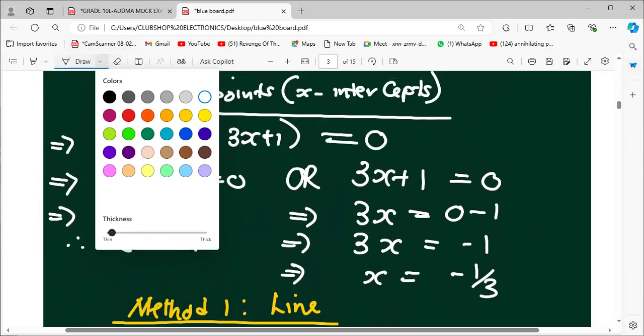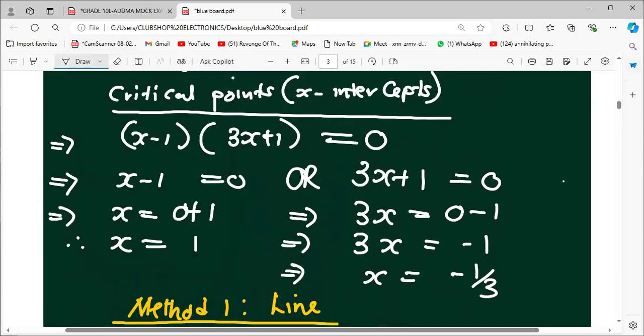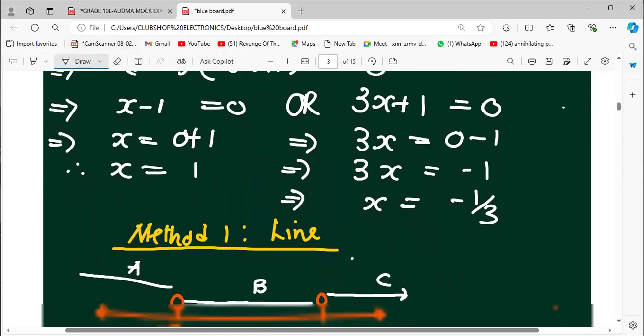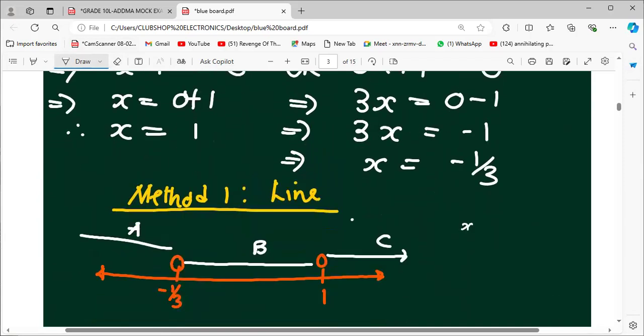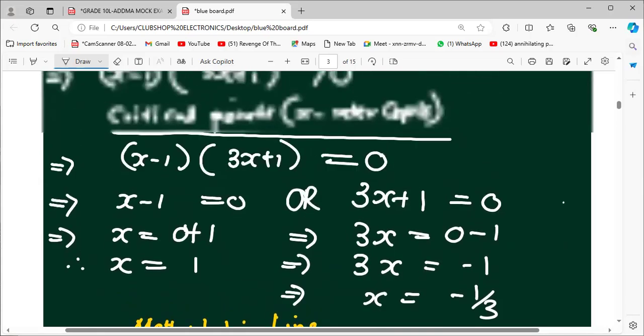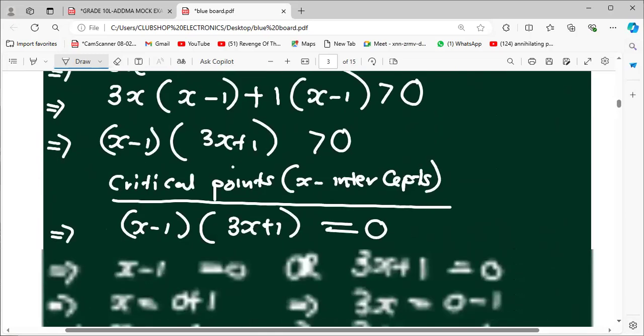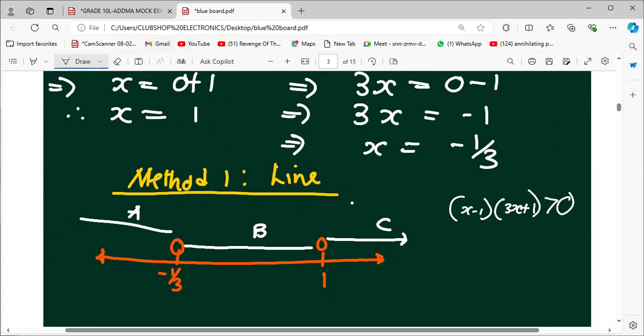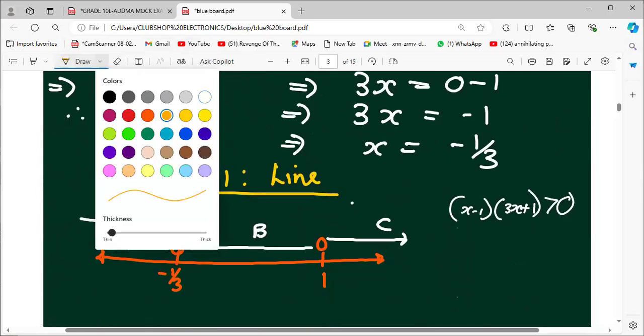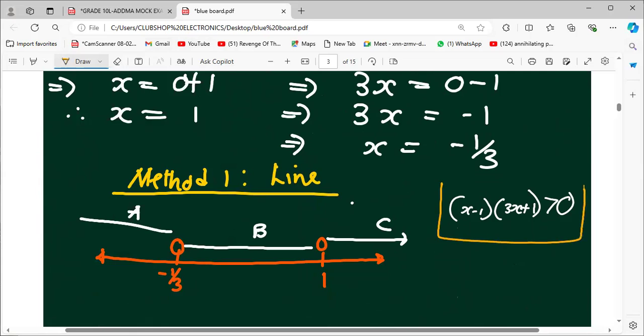We found that (x − 1)(3x + 1) is greater than 0, because this is the inequality. When you factorize the left-hand side of inequality 1, we are going to get this. So it is this inequality that we need to check.